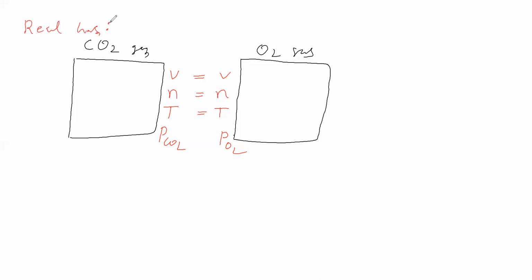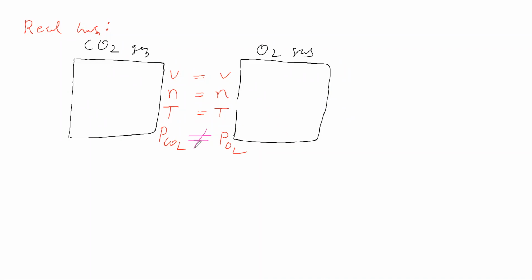These are real gases. You are saying that the pressure of carbon dioxide is not equal to the pressure of oxygen. That means they have some difference.